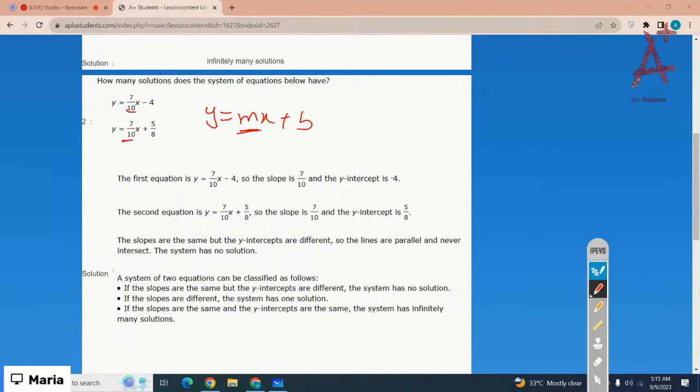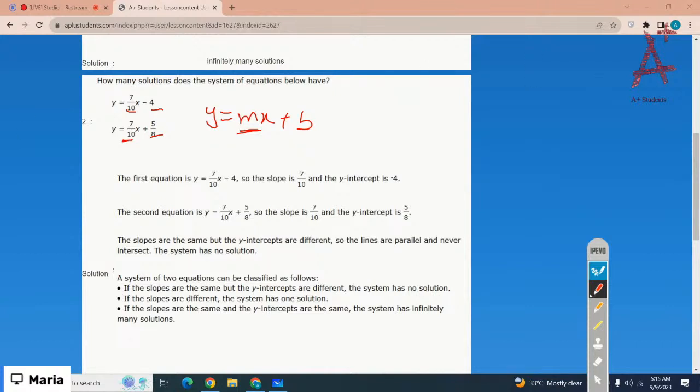So when you compare, m equals 7 over 10, right? So the slope is equal, but they have different y-intercepts. In this case, when you have the same slope but different y-intercepts, that means the lines are parallel. The system has no solution, right?